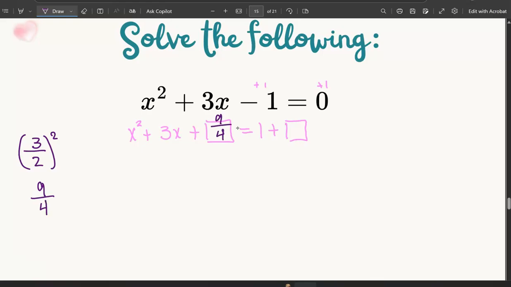So 9 over 4 is going to go inside my box. If I do it to one side, I got to do it to the other side. So that means that this side could factor into x plus 3 over 2 squared. And let's see, if I get a common denominator, I get 13 over 4.